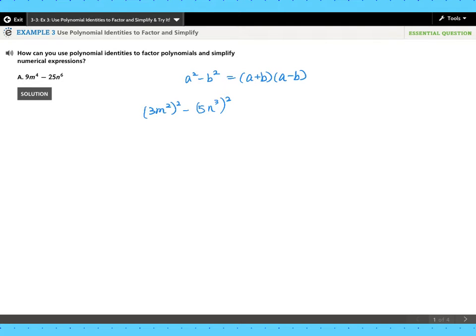This will really help you. And now from this you can tell a equals 3m squared, b equals 5n cubed. And then you just simply plug it in. So this becomes (3m squared plus 5n cubed) times (3m squared minus 5n cubed). That's your final solution.